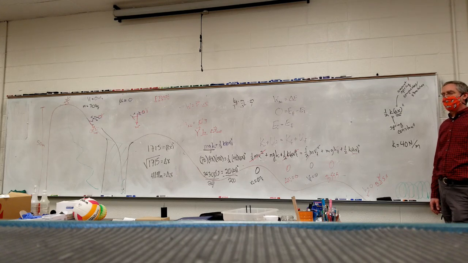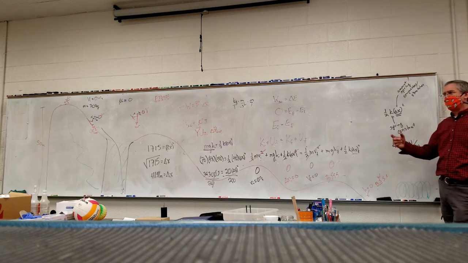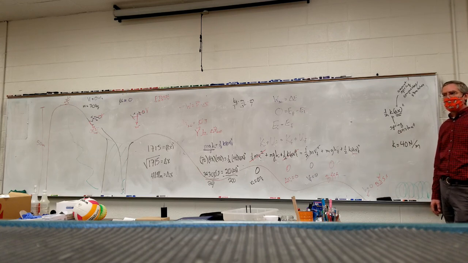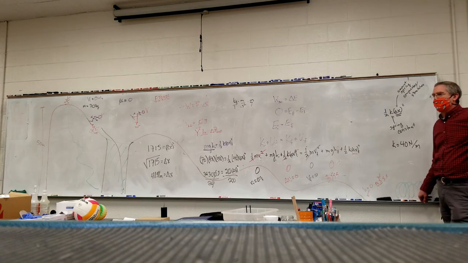What non-conservative force is going to be taking energy out of the system? If we're losing energy, that means there's non-conservative work being done. Normal? Except normal is perpendicular to the movement, so it's not doing any work. Is it after he leaves the spring? So what non-conservative force is doing work on him?